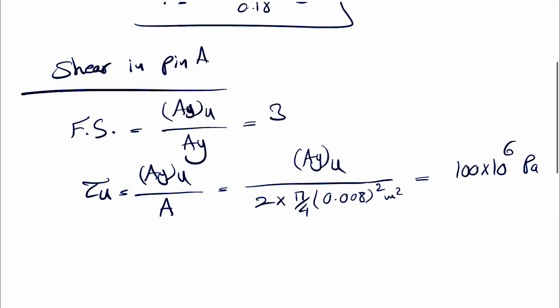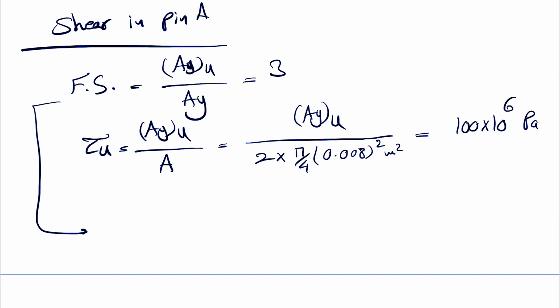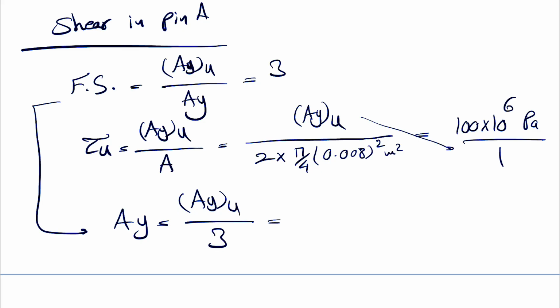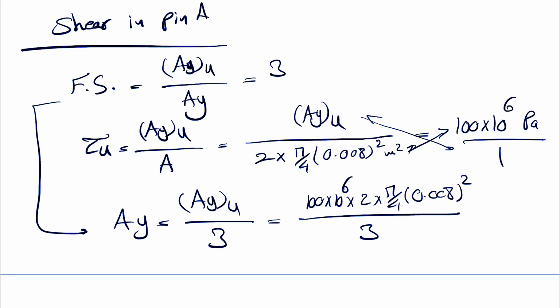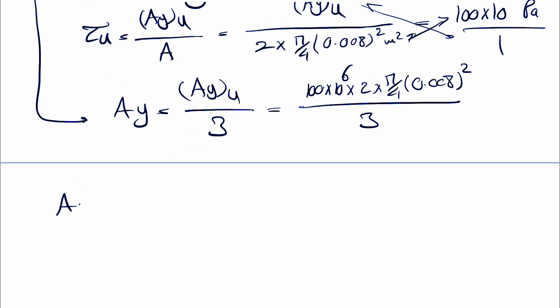So based on this, our AY would be simply the ultimate force divided by 3. So the ultimate force in here, if we cross multiply these, we're going to get 100 times 10 to the 6 times 2 times pi over 4, 0.008 squared, divided by 3, is going to give us the AY.